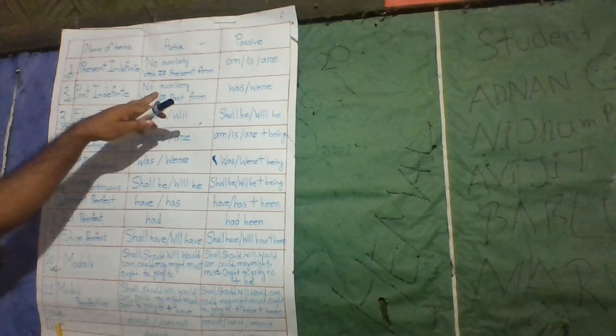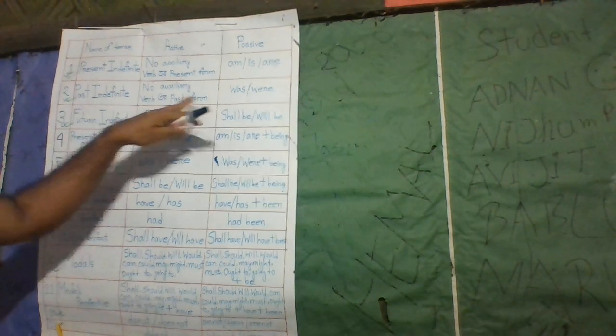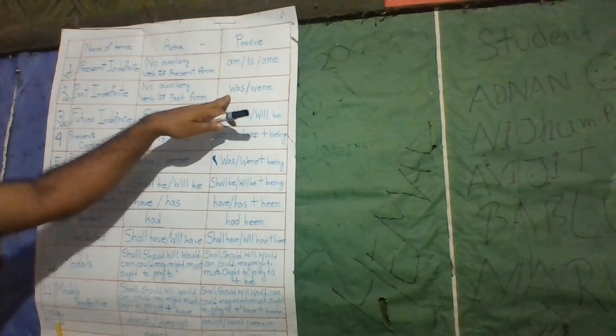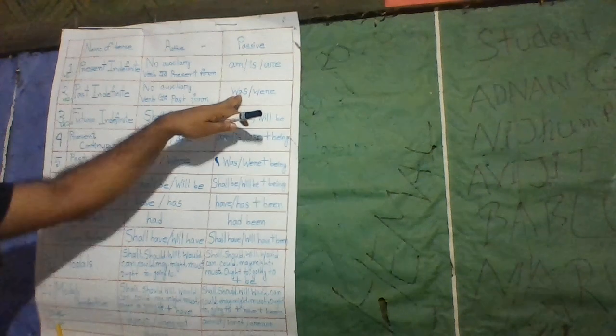Number two, past indefinite. There are no auxiliaries in the active sentence of past indefinite tense. But when you go to make it passive, you have to use was or were as the auxiliary.